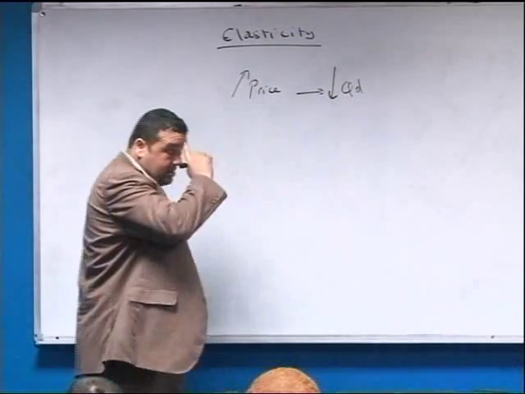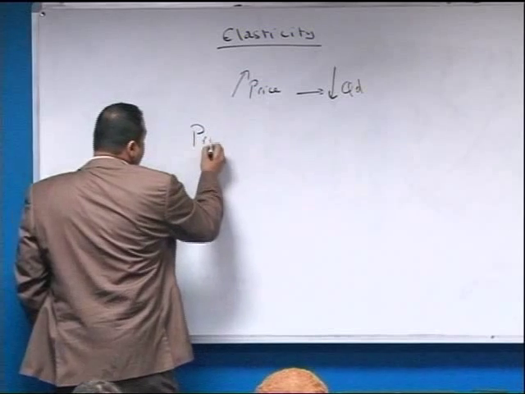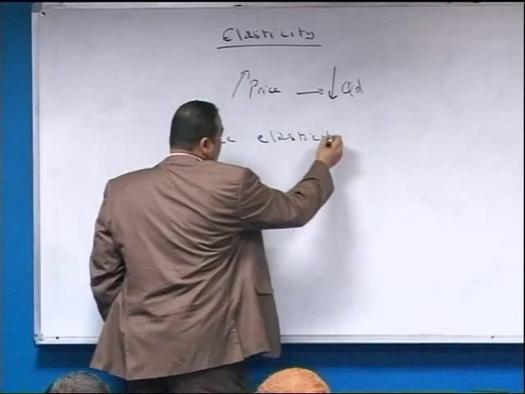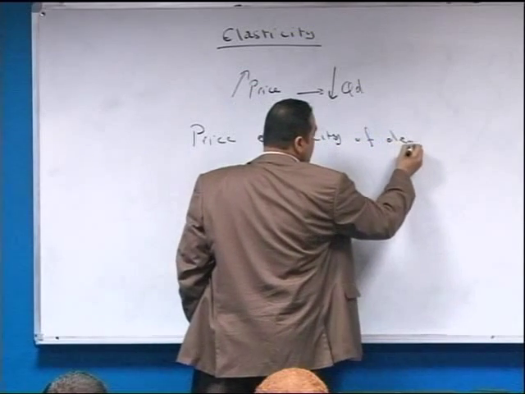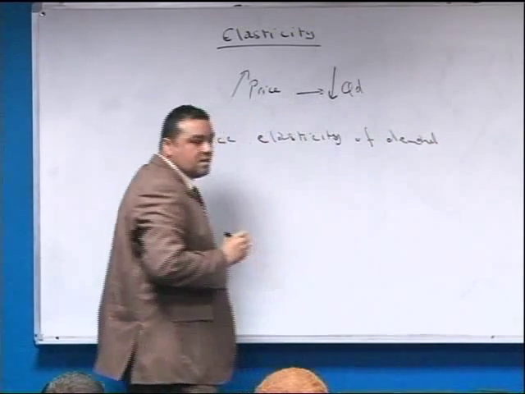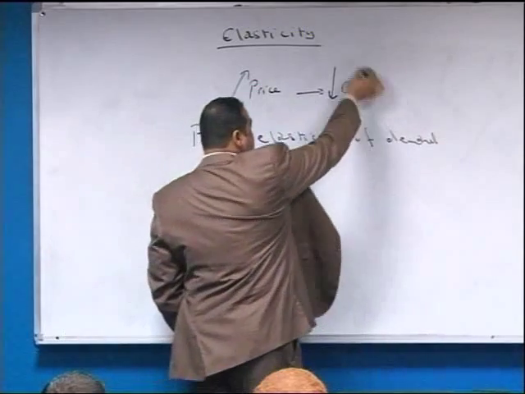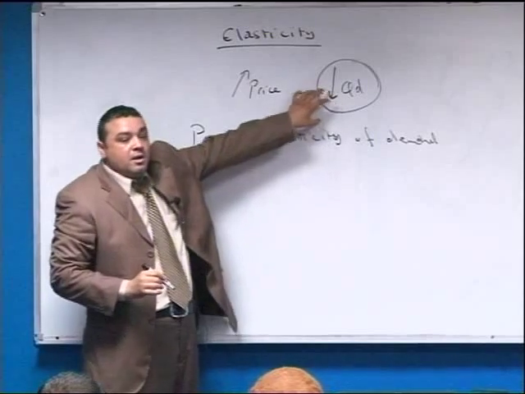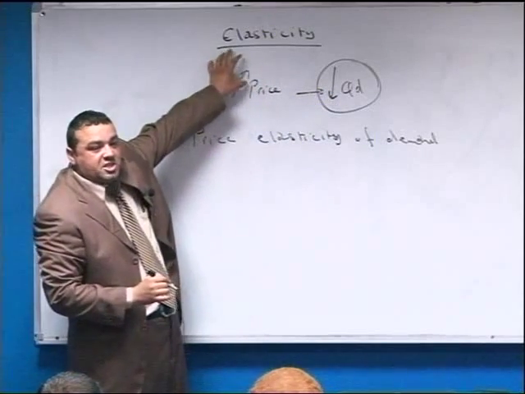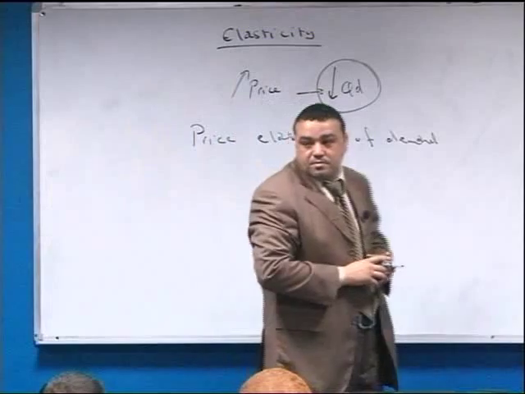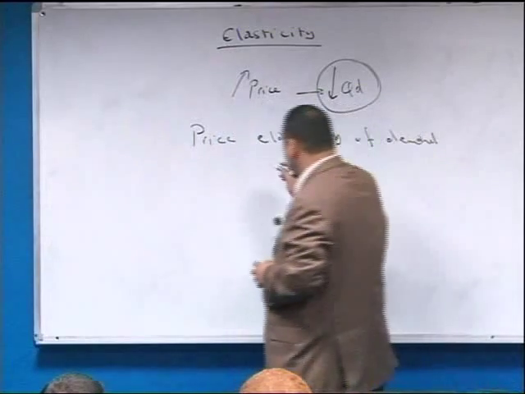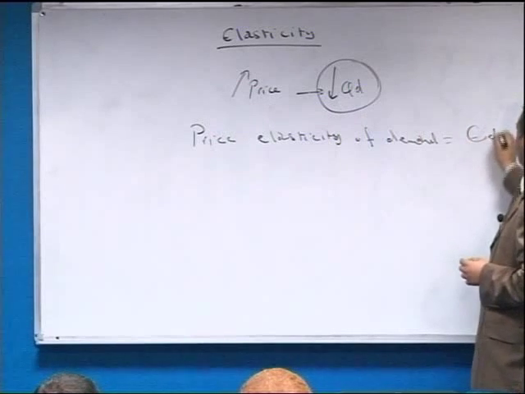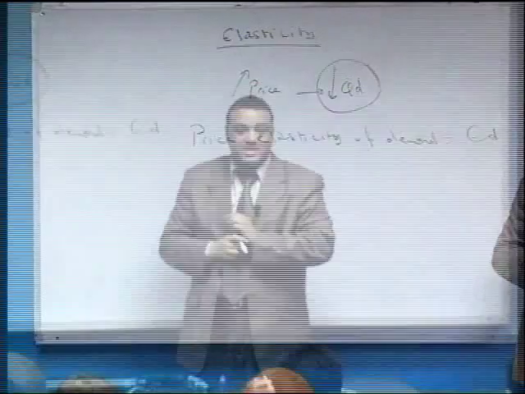Right? So the price elasticity of demand is the ratio of the percentage change in the quantity demanded as a result of the percentage change in the prices. The abbreviation of the price elasticity of demand is ED. مرونة الطلب السعرية.